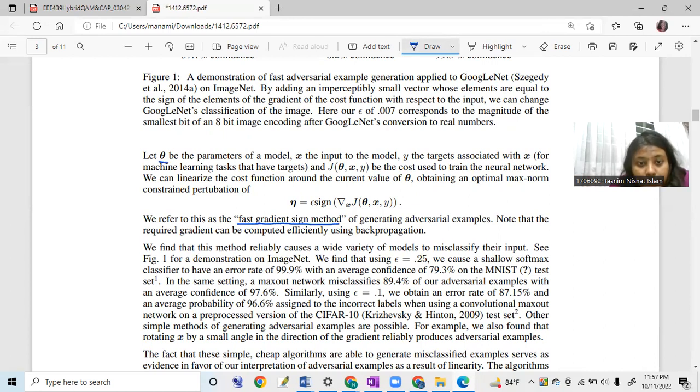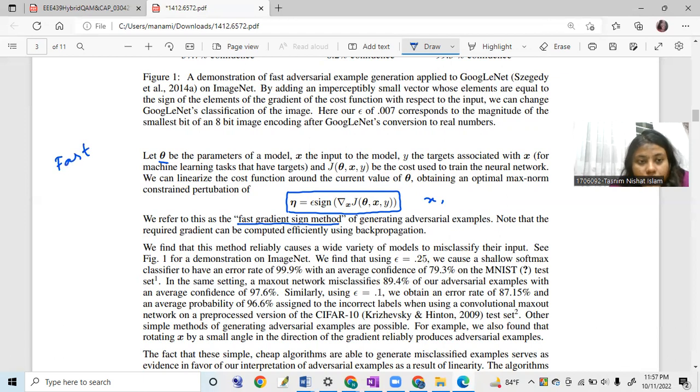Here, theta is the parameters of a model. So first, I would like to read the equation. It says eta equals epsilon times sign of del x J(theta, x, y). What I like to do is some interpretation before reading. That's how it will be easy.